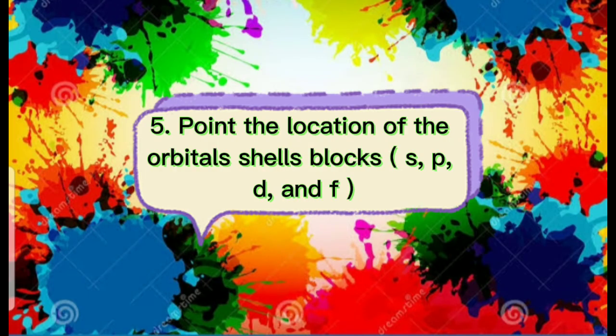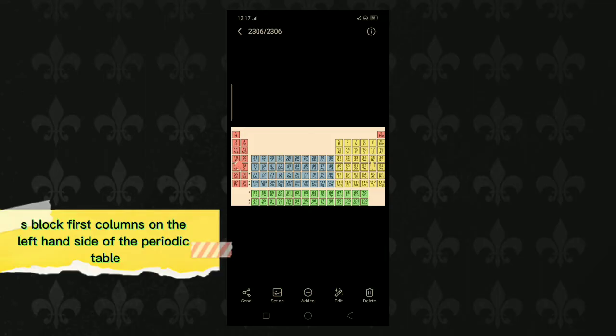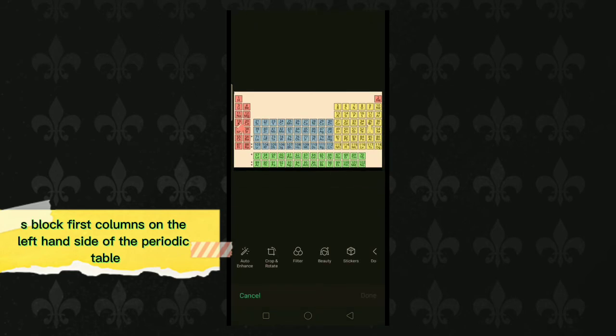5. Point the location of the orbital shell blocks S, P, D, and F. S block: first two columns on the left hand side of the periodic table. This is the S block.